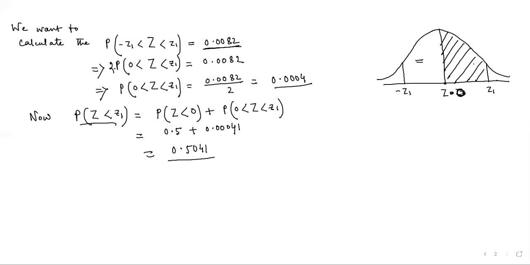So I am considering 0.5040, and from the normal table I am getting my z1 as 0.01.